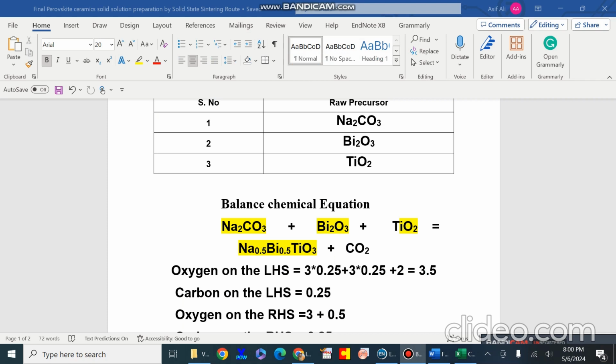On the right side we have 0.5 concentration of sodium, 0.5 concentration of bismuth, and 1 mole percent concentration of Ti.